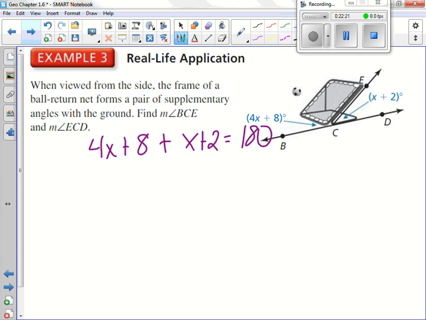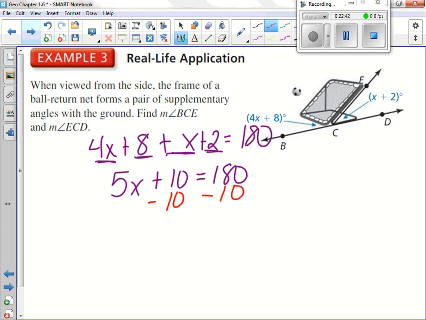We're going to combine like terms. Well, 4x and x are like terms, yes? 4x plus x is? 8 and 2 are like terms, yes? Equals? What do we do next? Caleb? What do we do next? Minus 10 from 180. What do we get?